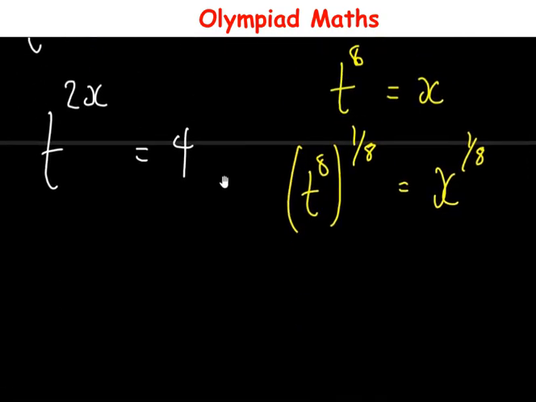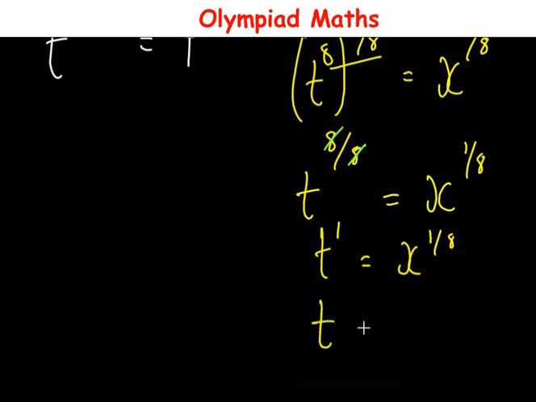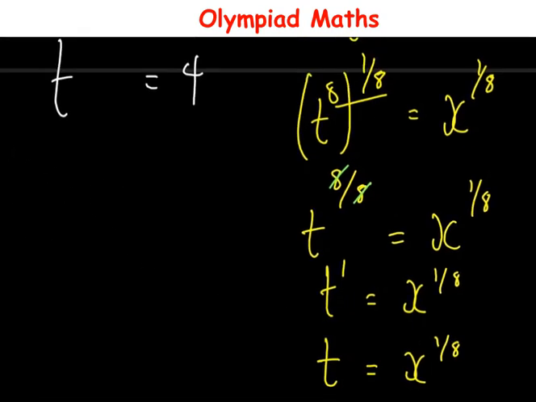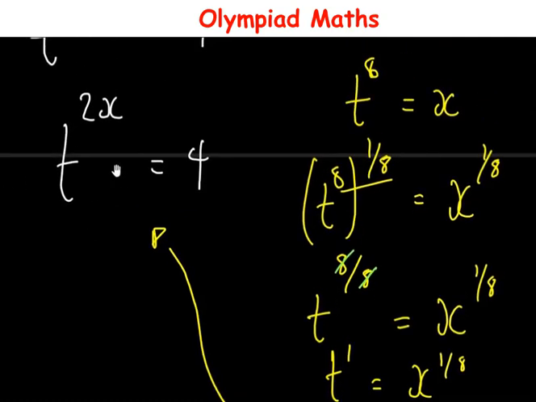So from here, t raised to power 1 is t, which equals x raised to power 1 over 8. Now, we are going to input this value of t into this equation, this one right here.